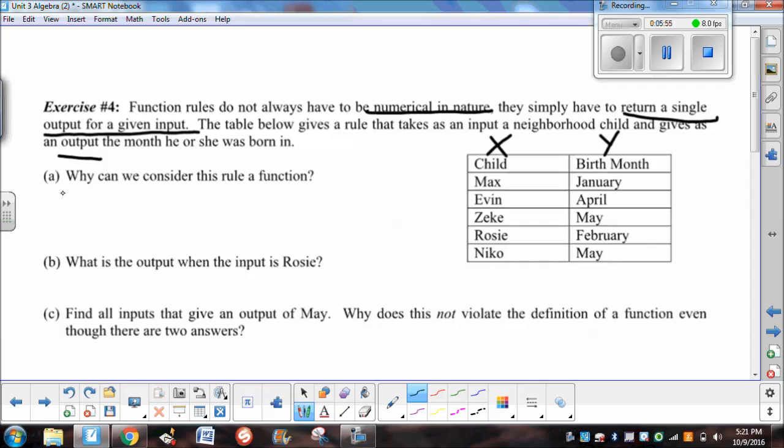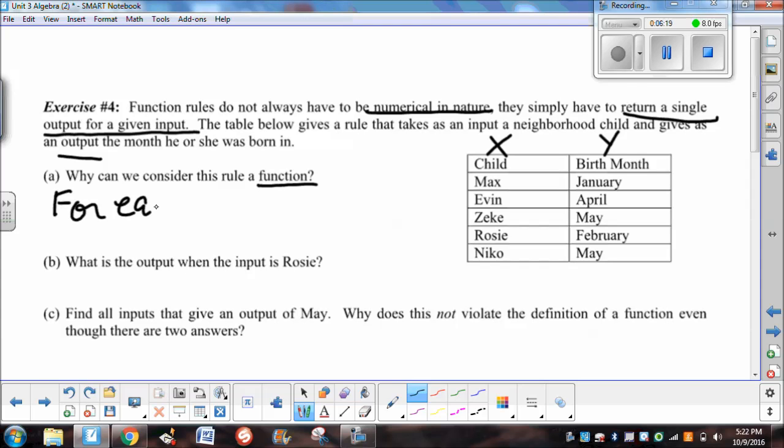It's representing a function. Why can we consider this rule a function? Why could we say that it's a function? So we go back to that definition of a function. For each child, which is our input, there is only one month she or he was born in, output. Okay, so it fits that definition.